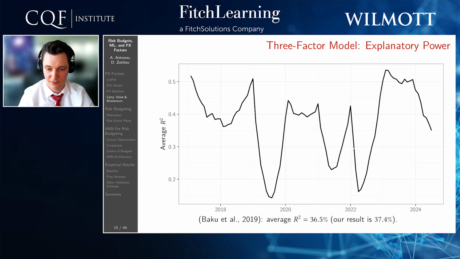Their result is slightly lower, but still the range is the same. So the most important summary from that part is perhaps that the three-factor model retains its explanatory power over the newer period of time, with, of course, several major events happening over the past few years that significantly impacted the R-squared.